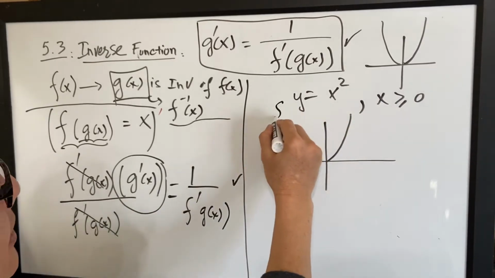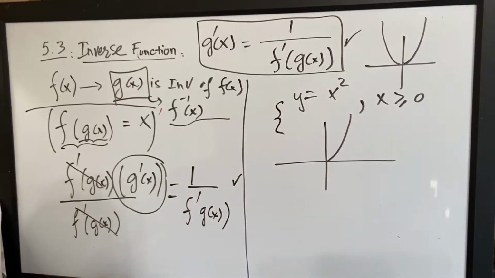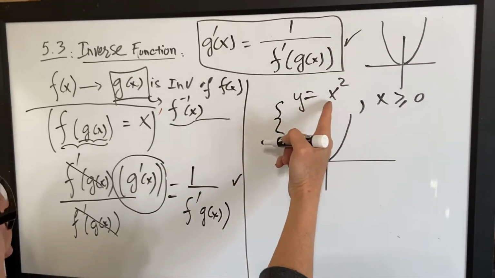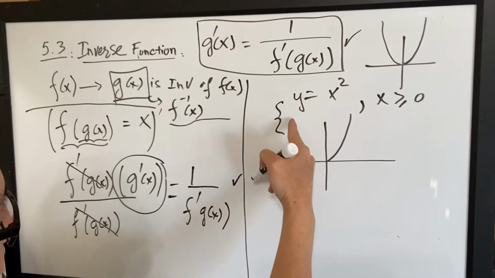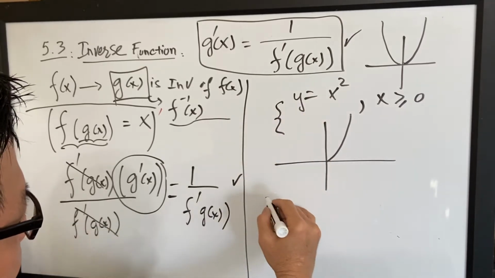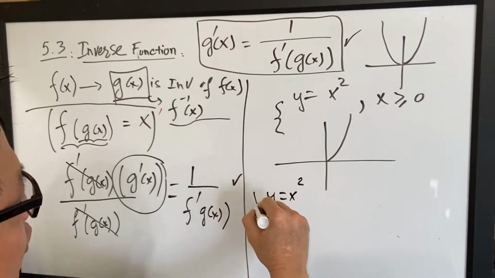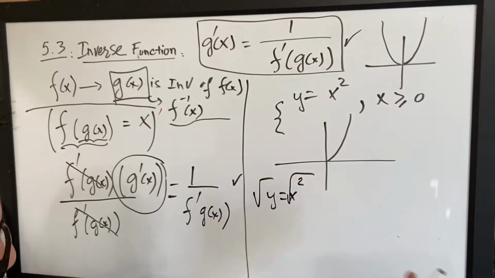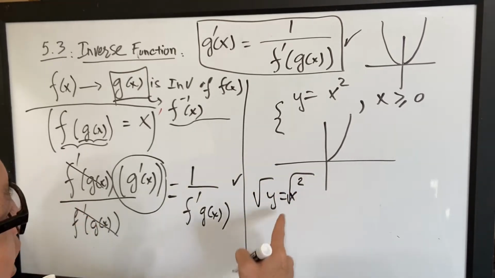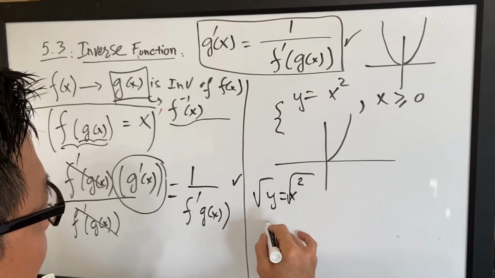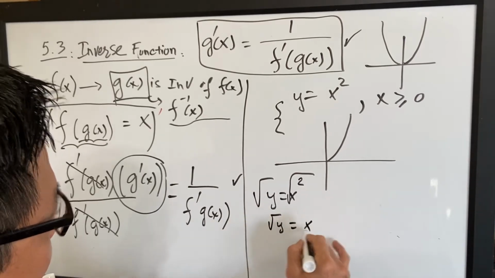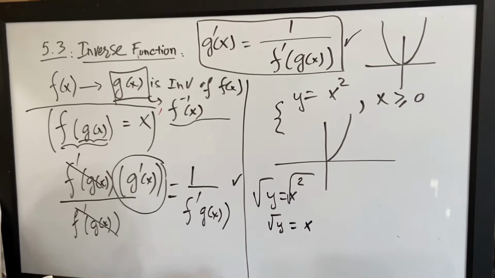Now, I want to find the inverse of this function. Solving for x, in this case you have y equals x squared, so you take the square root of both sides. I'm going a little fast because we did this already. Now you have the square root of y equals x, and you take the positive side.